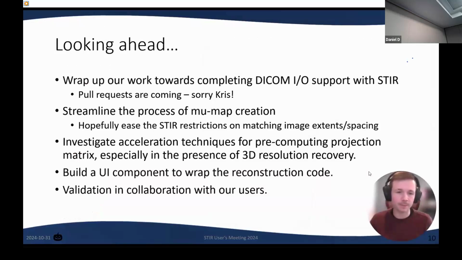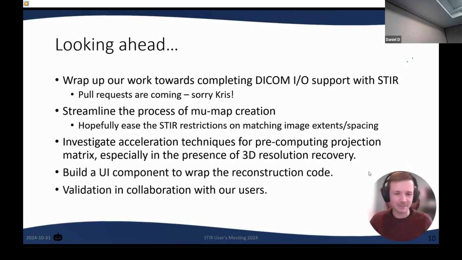So just to kind of wrap up, looking ahead, we want to continue and finalize the work that we've been doing related to supporting the DICOM format with STIR. So I apologize to Chris Thielemans. I think I promised some pull requests for my changes quite some time ago, and they haven't made them yet. So these are coming. Sorry for the holdup.